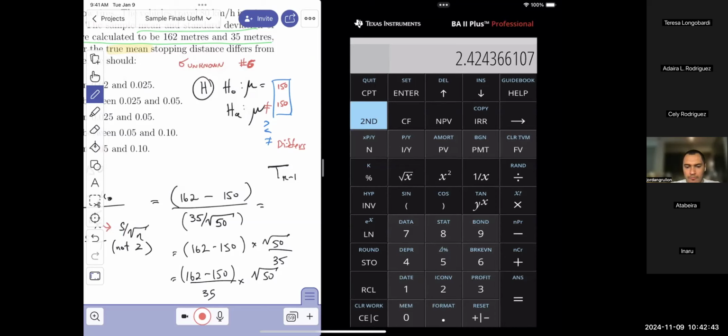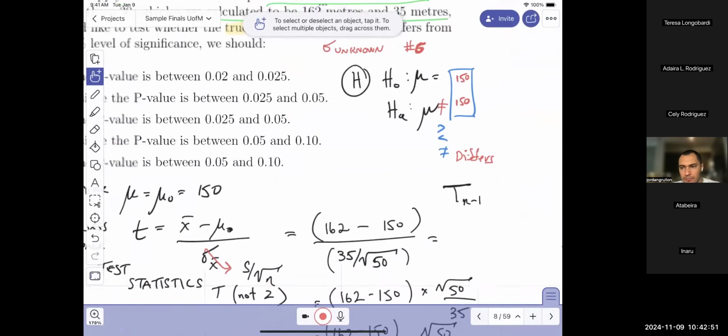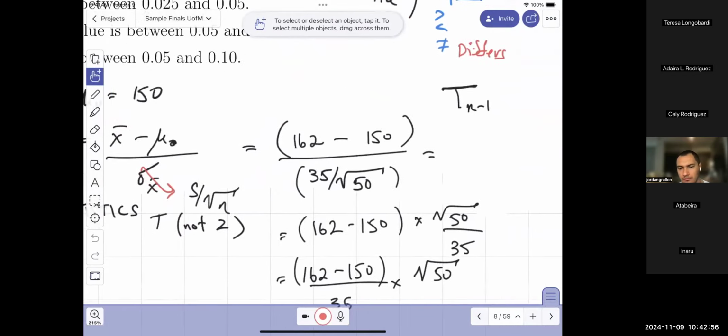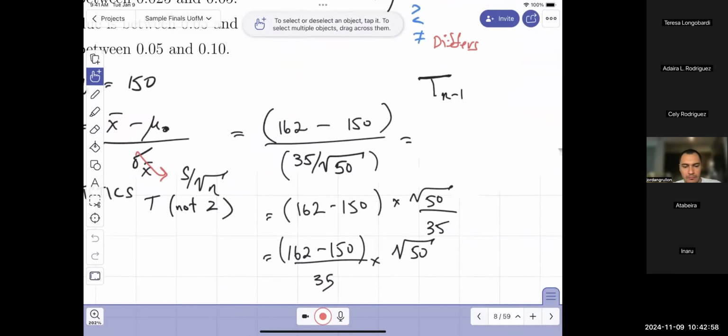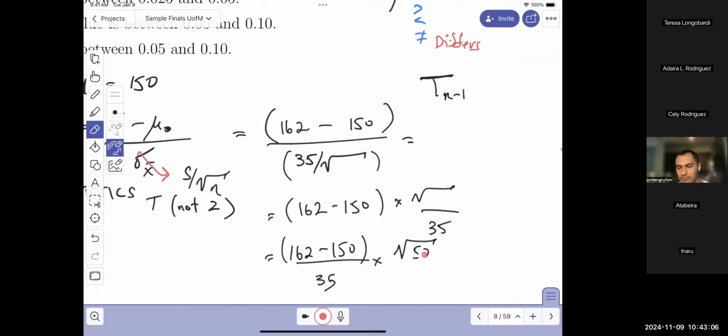Oh, maybe it's the square root of 30. I mix up the problems when I do so many. Sorry. It was 50 in the last one, and this one has sample size 30. So obviously it's me. Let's clear that. 30, 30, 30. Sorry about that.